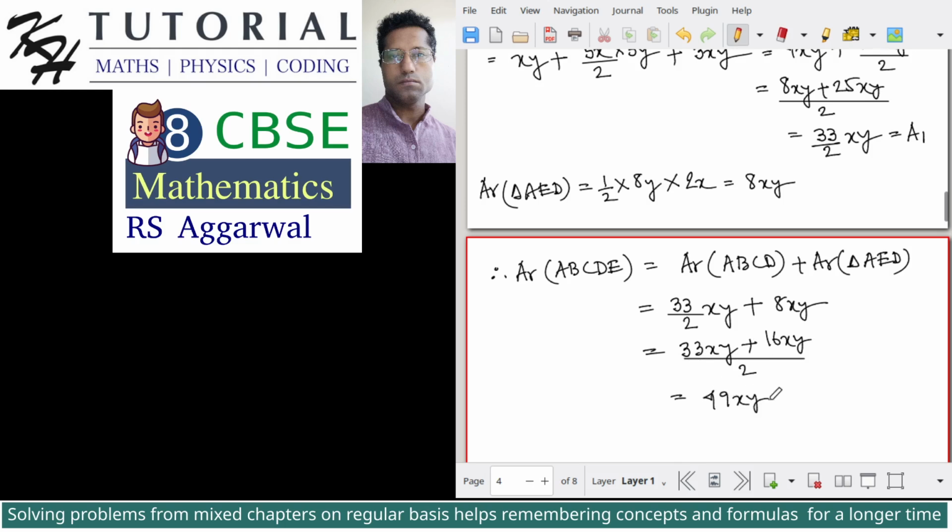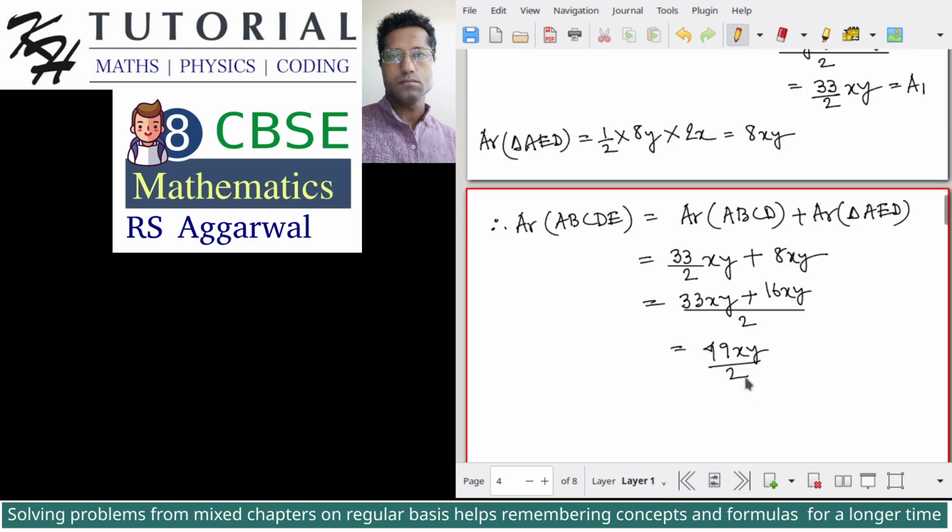Very weird values are coming, fractions are coming. Anyway, 49xy by 2. Okay, this is given as A.